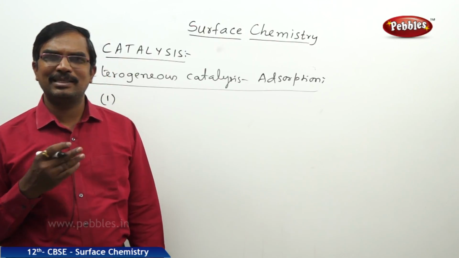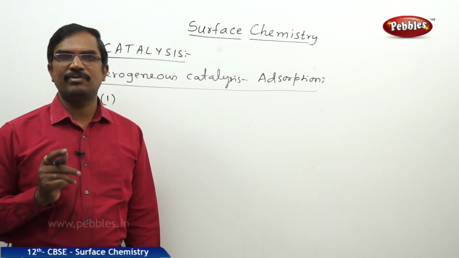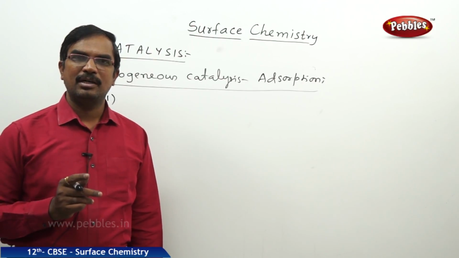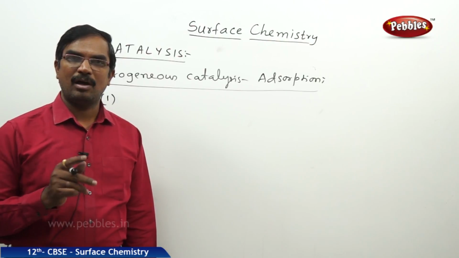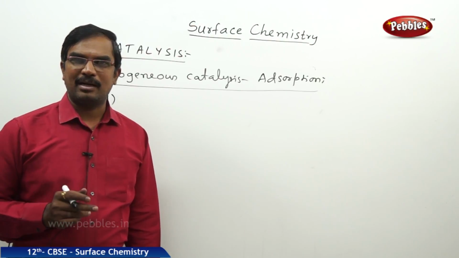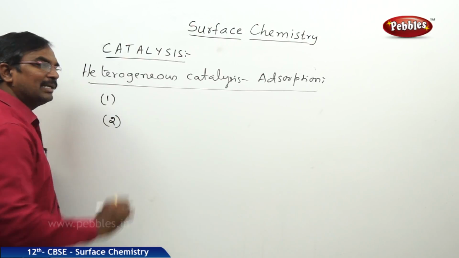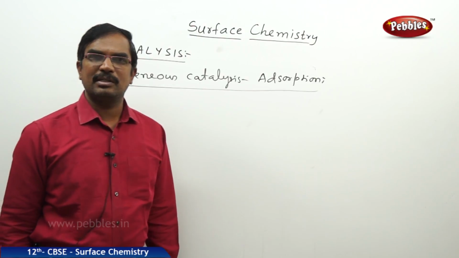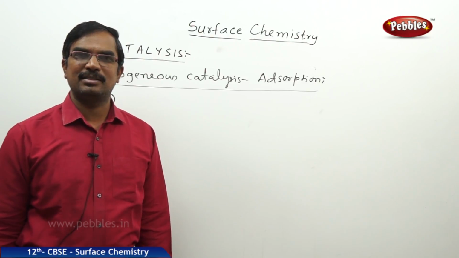We can also call it diffusing onto the surface of the catalyst. This is stage 1. In the first stage, the reactant molecules diffuse onto the surface of the catalyst. And in the second stage, the diffused molecules get adsorbed on the solid surface.